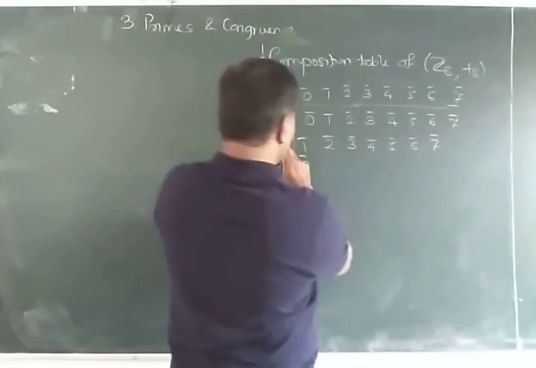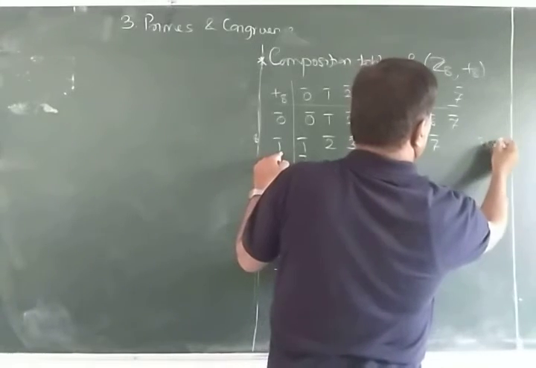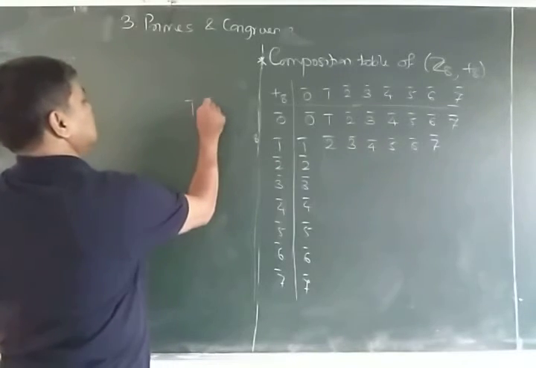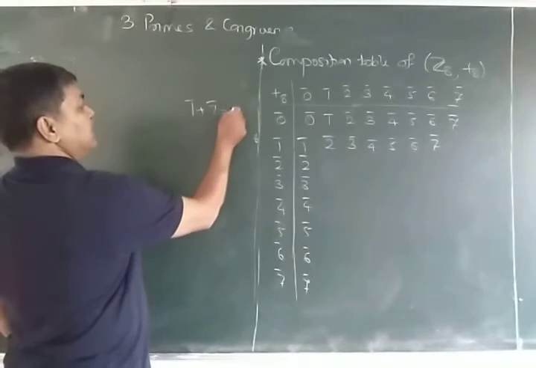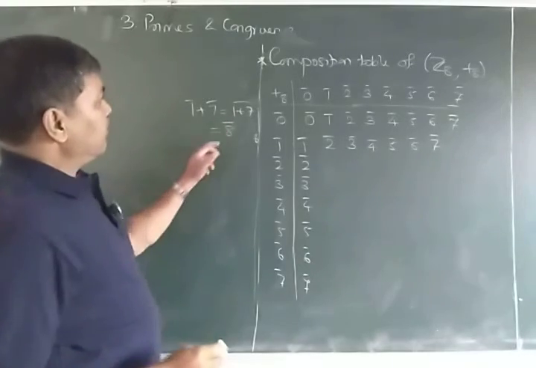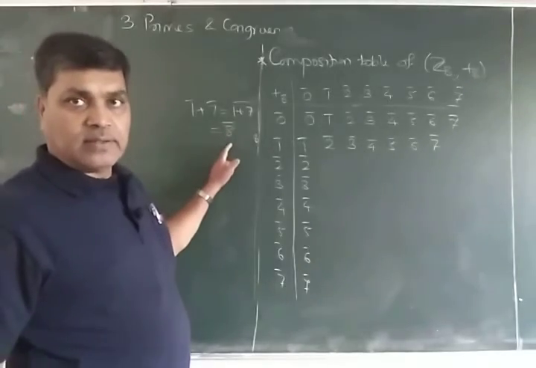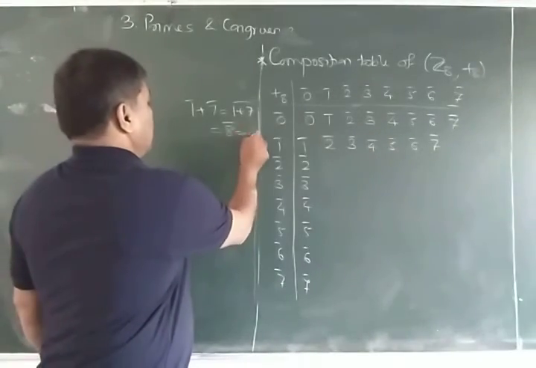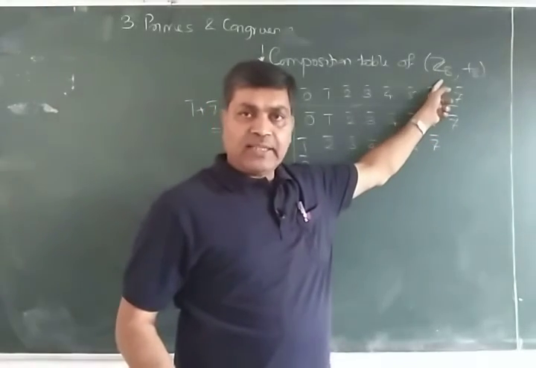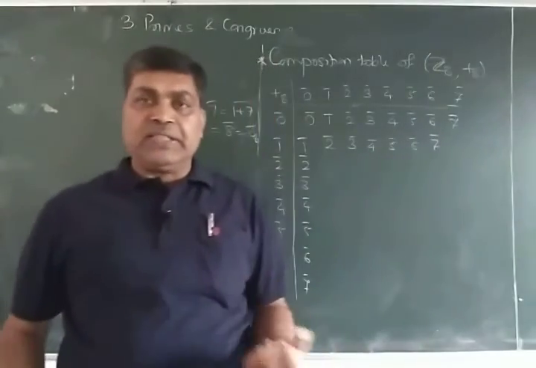Now see here, what is 1 plus 7 bar? 1 plus 7 is bar, this is 8 bar. And if I divide 8 by 8, what is the remainder? It is 0 bar. 8 bar is not in Z8. I am taking the smallest representative.